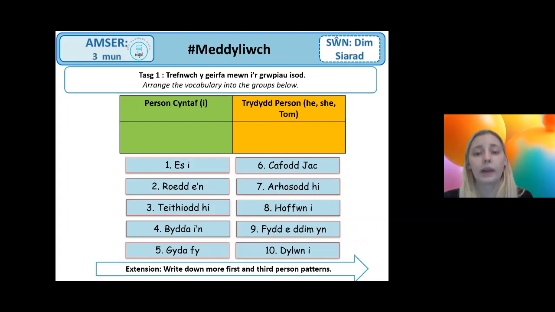So if we have a look now at the next task, I have some patterns in different tenses and I want you to decide if these are the person cyntaf or the trydydd person. So I want you to aildrefnwch, rearrange the patterns into the first and the third person. So I'm going to give you 3 minutes in order to put these into the correct categories.